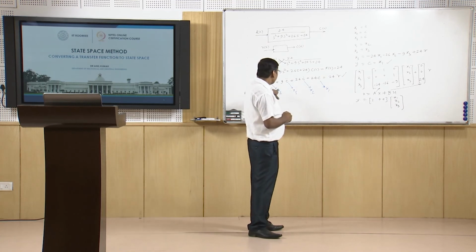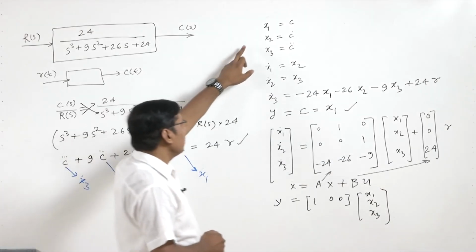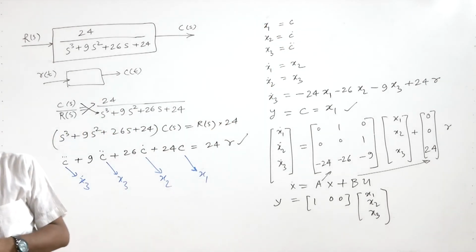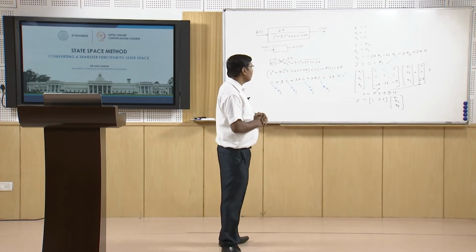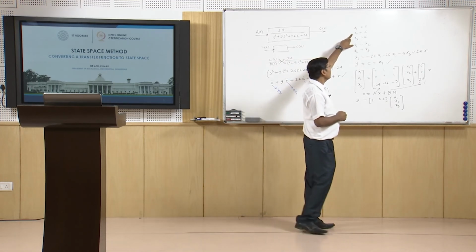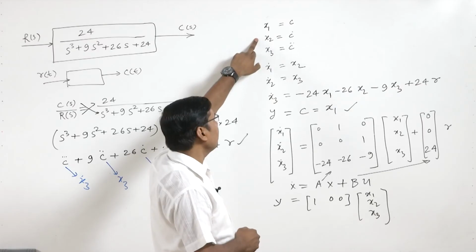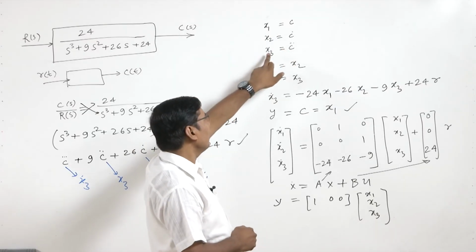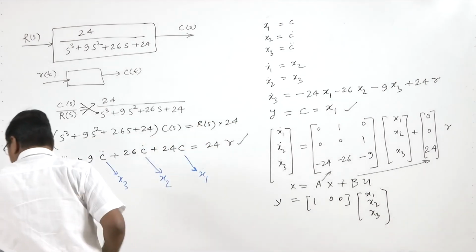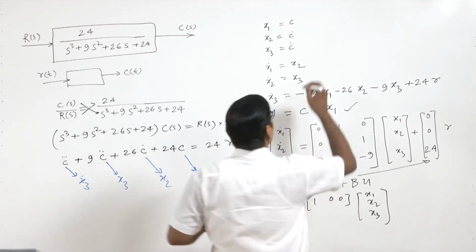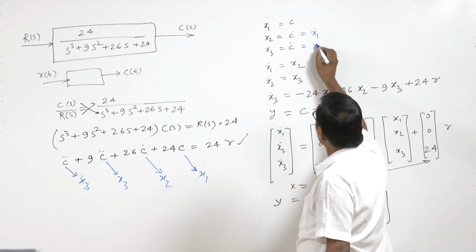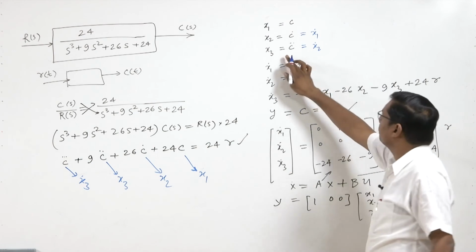Here we selected x1 equal to c, which was the output, and then the subsequent state variables are the derivatives of the first variable. So here x2 is the derivative of x1, that is c dot, so x1 dot, and this is the derivative of x2 dot.